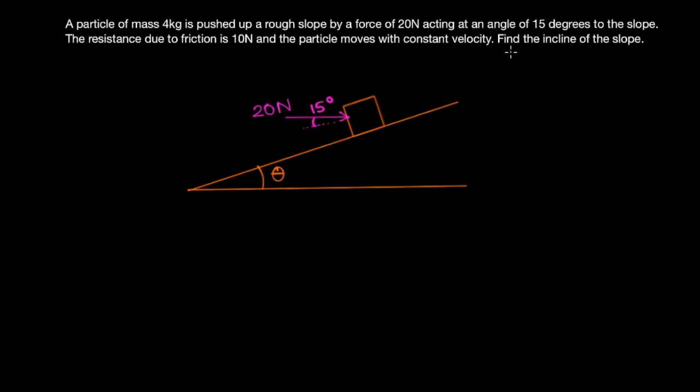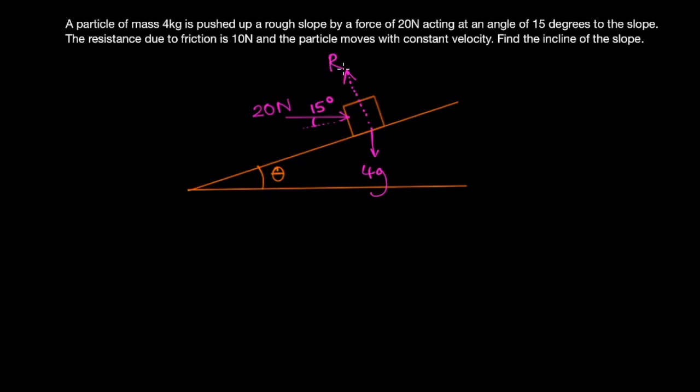So we're going to begin by labeling all the forces on the diagram. So if the mass of the particle is 4 kilograms, then its weight is 4g. And we also have the normal reaction force acting perpendicular to the slope.